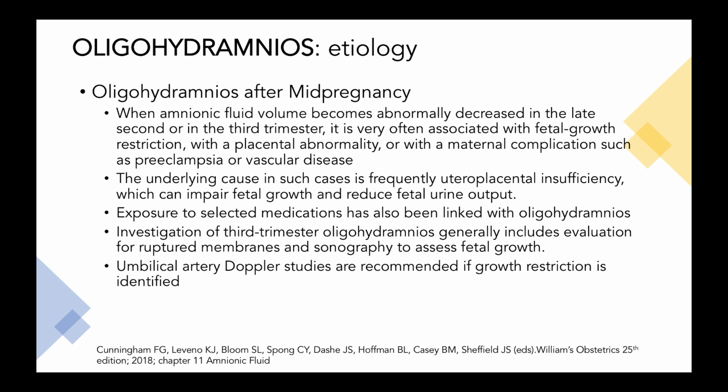Exposure to selected medications has also been linked with oligohydramnios. Investigation of third trimester oligohydramnios generally includes evaluation for ruptured membranes and sonography to assess fetal growth. Umbilical artery Doppler studies are also recommended if fetal growth restriction is identified.